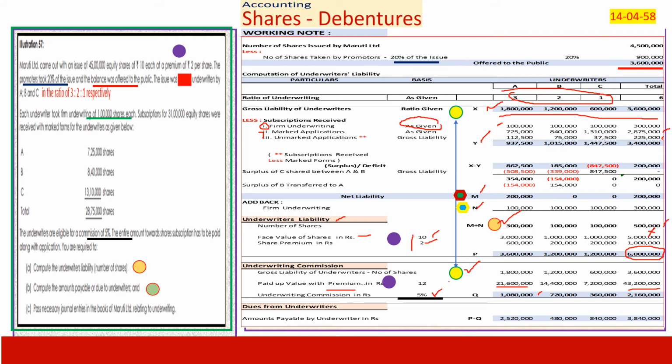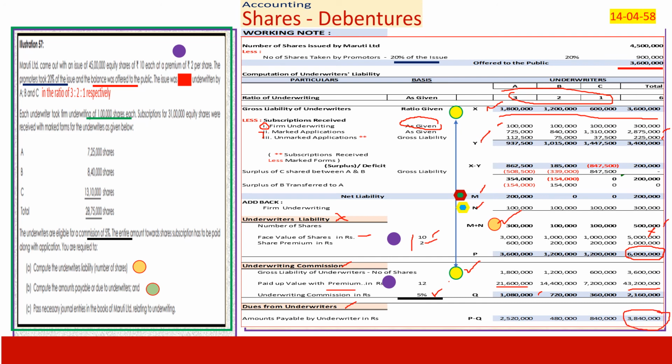Now they have a liability which has to be paid to company, and they also need to get a commission. Therefore, their liability to the company or dues from the underwriters is whatever is due to them and whatever is due from them. Due from them is 60 lakhs, due to them is 21 lakhs 60,000.